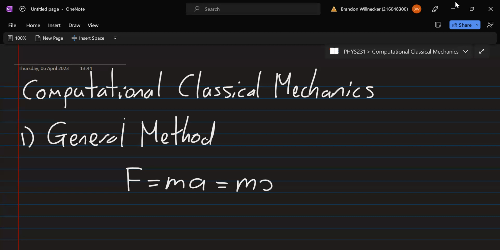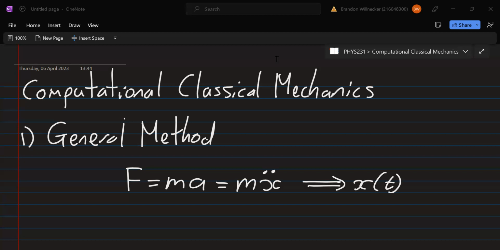So F = m x double dot. If we provide a force F, then this will be a second order differential equation in x. So we want to solve for x of t, or something similar, depending on what we're working on.